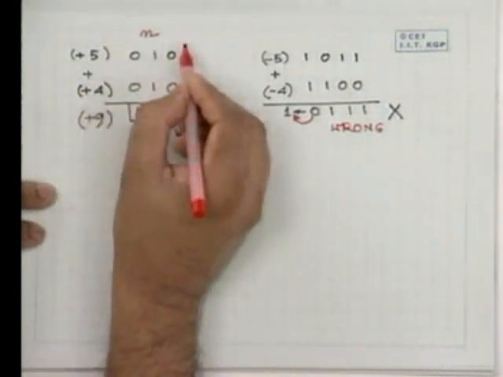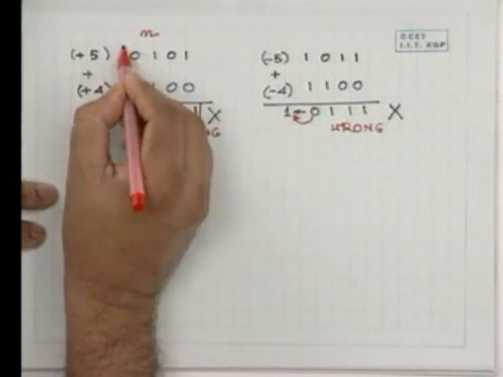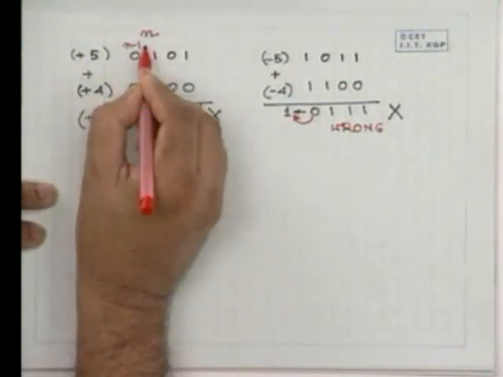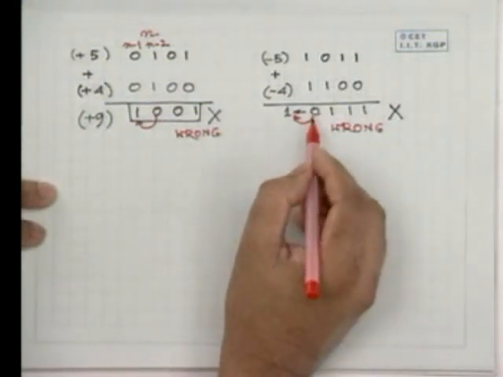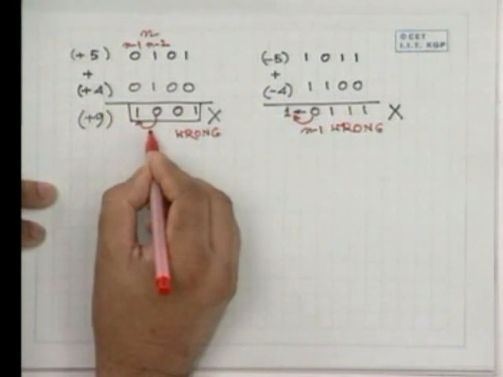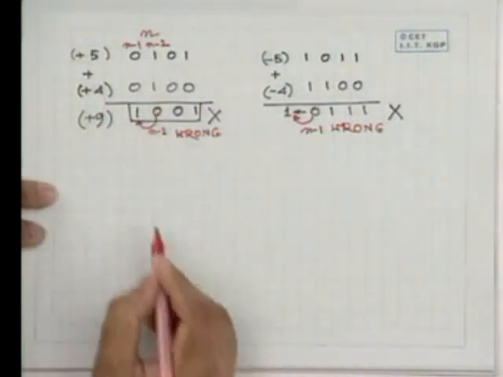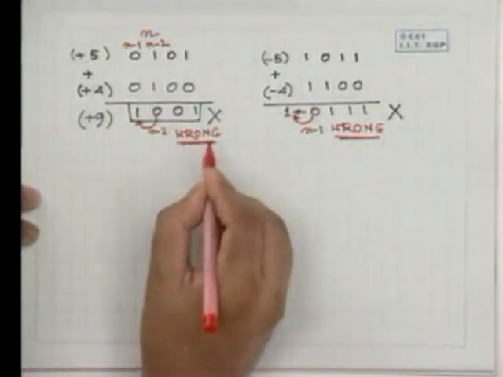I mean an n bit number, where the most significant bit is the n minus 1th bit, and this is the n minus 2 bit. Here there is a carry out of that n minus 1 bit. Okay. In both the cases, the answer is wrong.